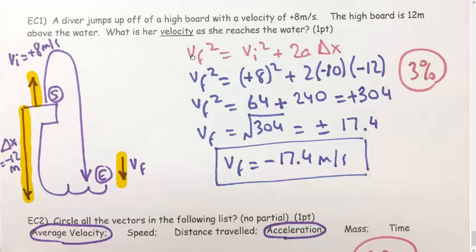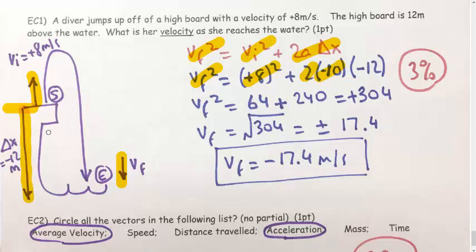So I say, well, what links these things? Vf squared equals Vi squared plus 2a delta x. Vf squared is equal to plus 8 squared plus 2 times a. My acceleration is minus 10 meters per second squared times delta x.